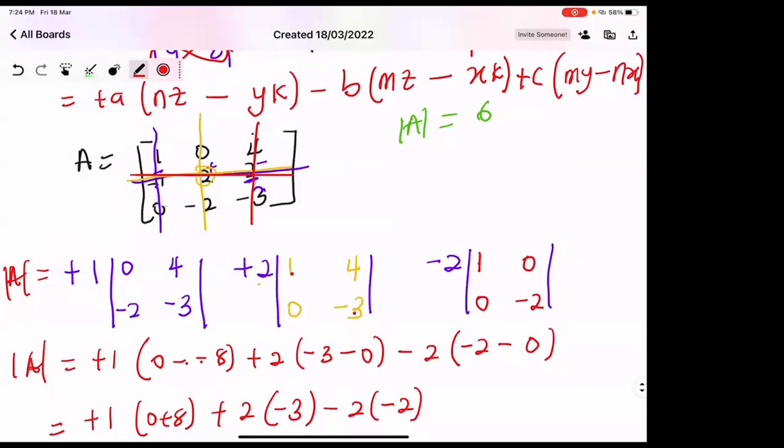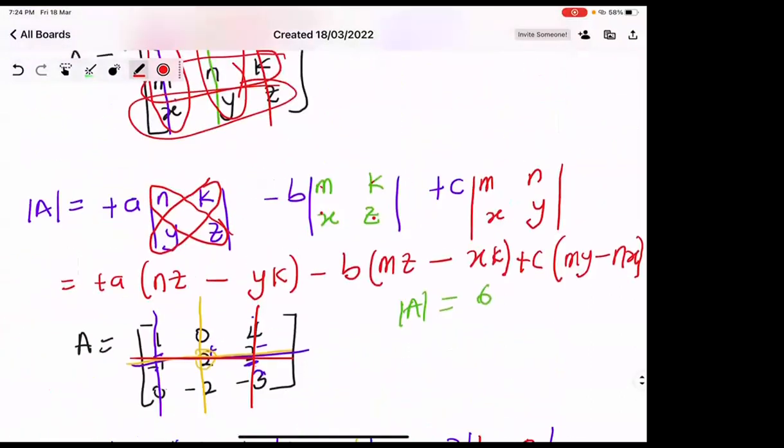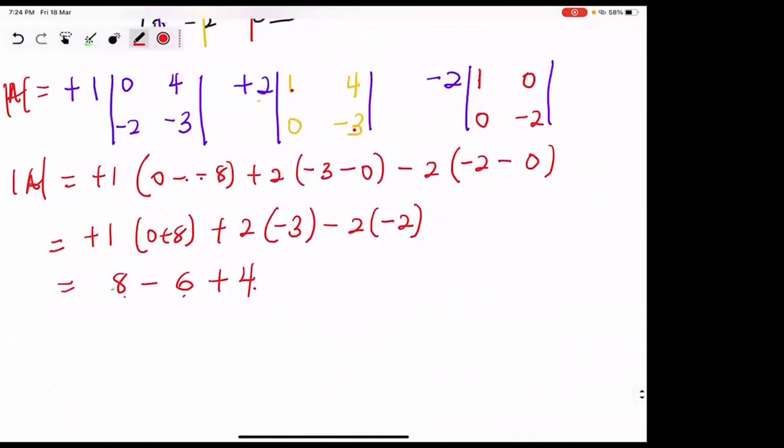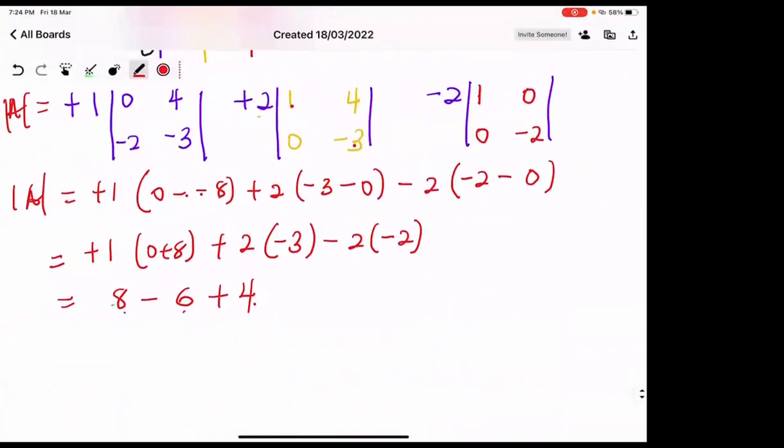Madam, possible. Yes. Please go up a little. No, up. Yeah, you said the answer is what? It's 6. We have 8 minus 6, that is 2. 2 plus 4. Madam, are we not doing plus first? You will get the same thing.